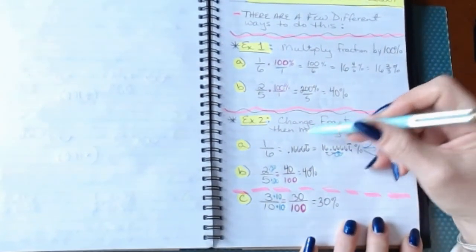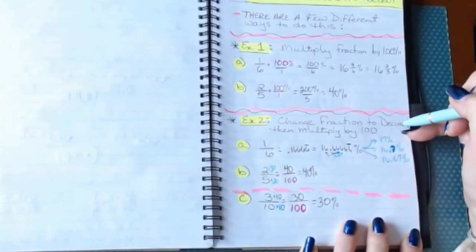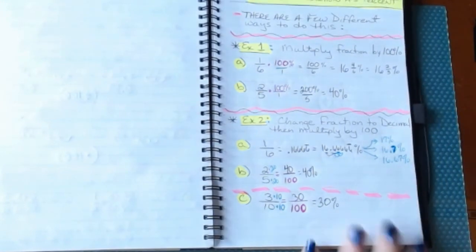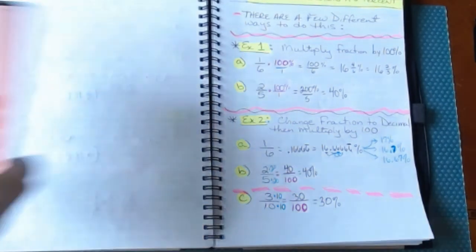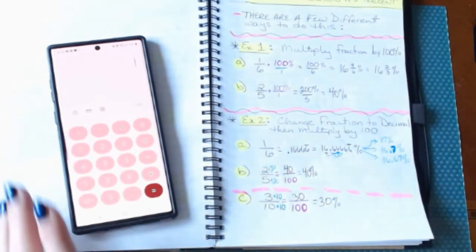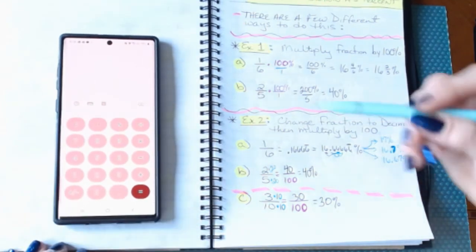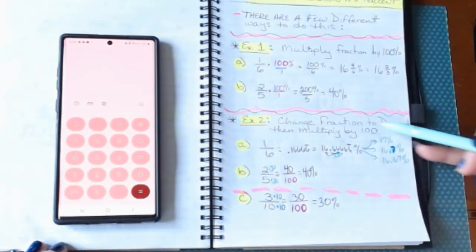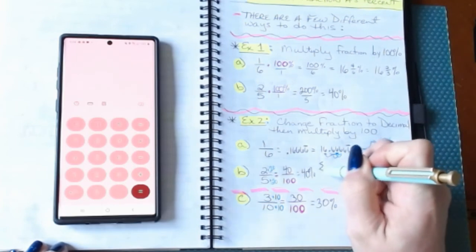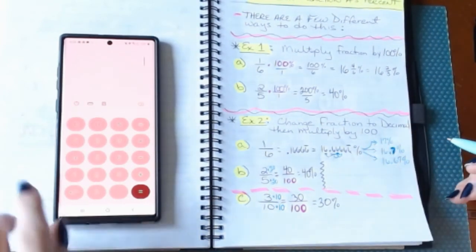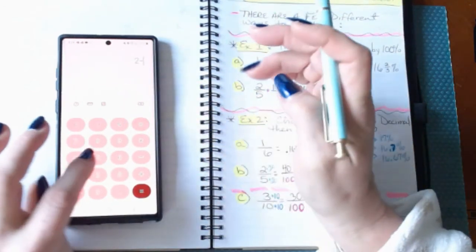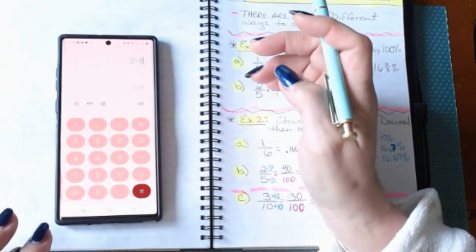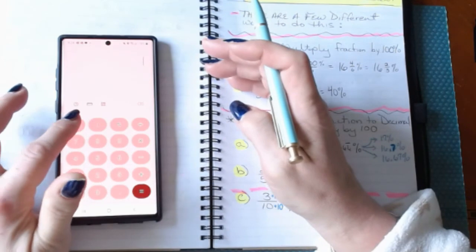So let's do it the second way now. Let's change our fraction to a decimal and then multiply it by 100. Okay, so let me do that on my calculator again with you. Let me get it into focus here. All right, so if I'm going to change the fraction into a decimal, I'm going to take 2 divided by 5. Oh, I'm sorry, that is not the correct one.